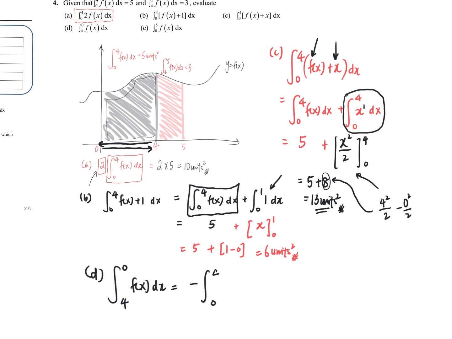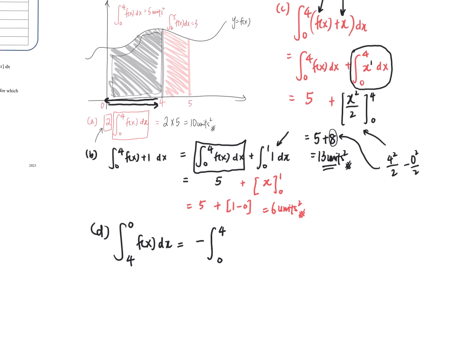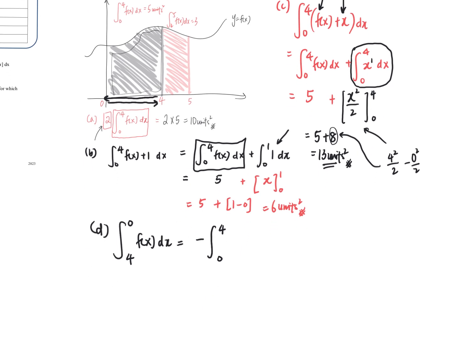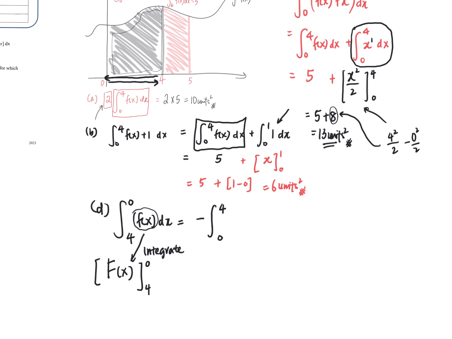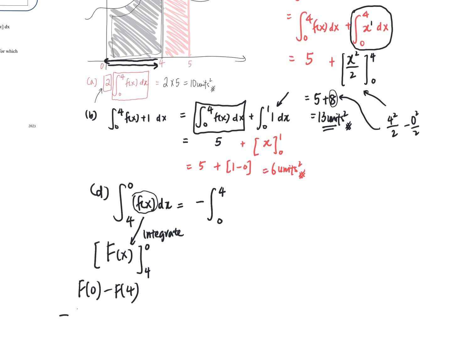Remember, imagine if you integrate f of x, you get this expression. Then what will you do? You will use 0 and 4, right? So you will substitute 0 minus the substitute 4. Can you see this is the opposite of this?